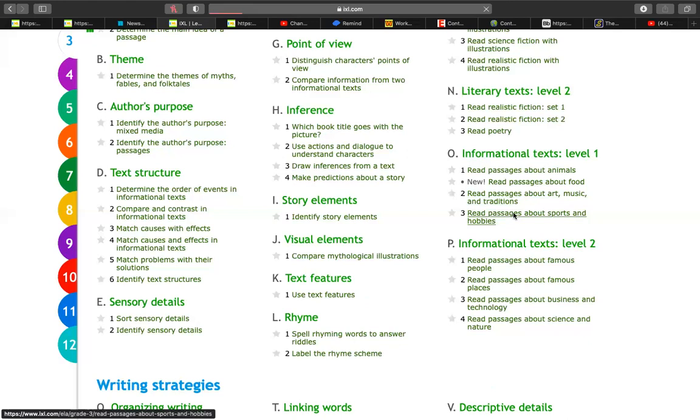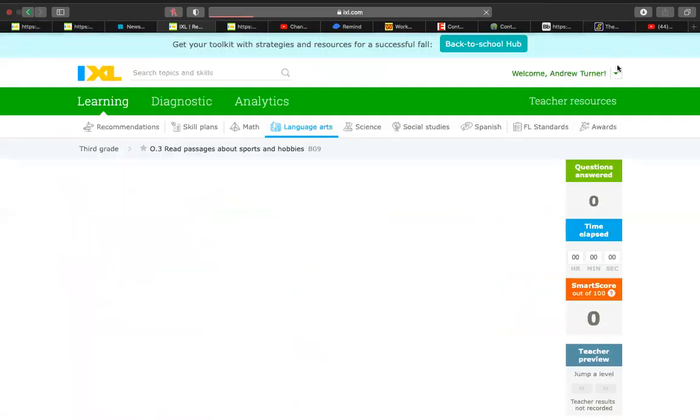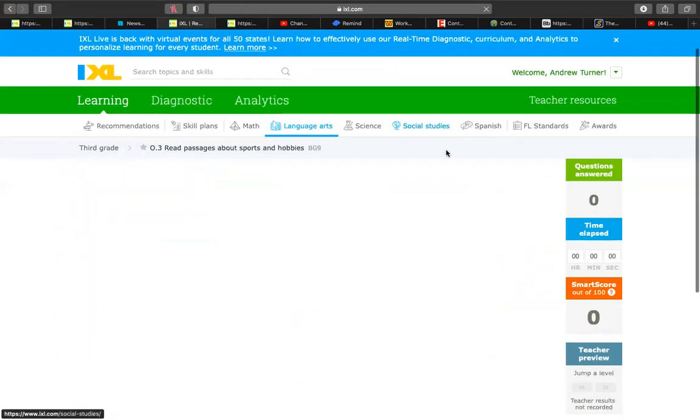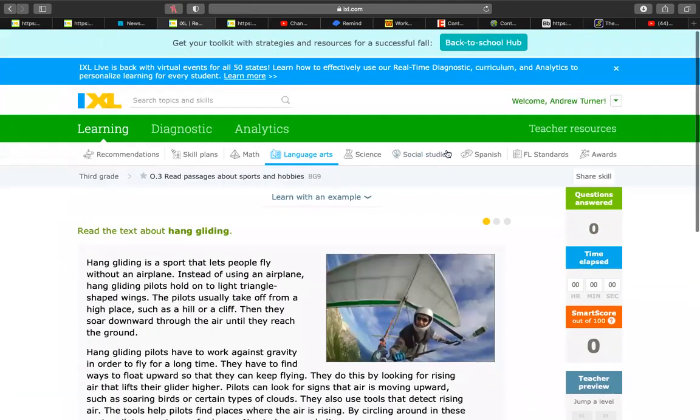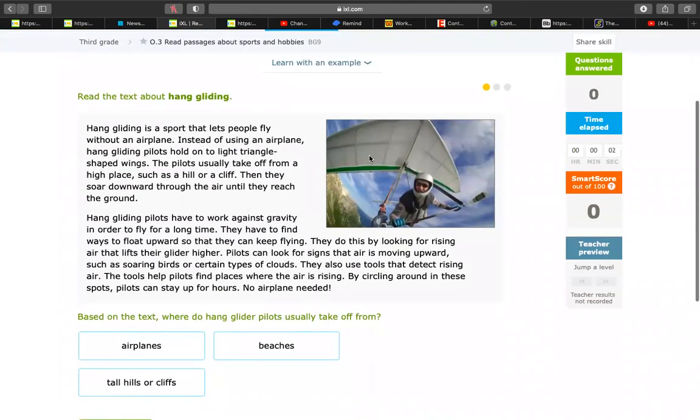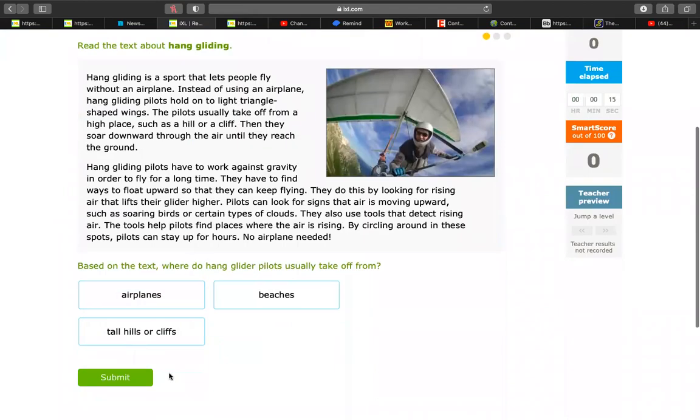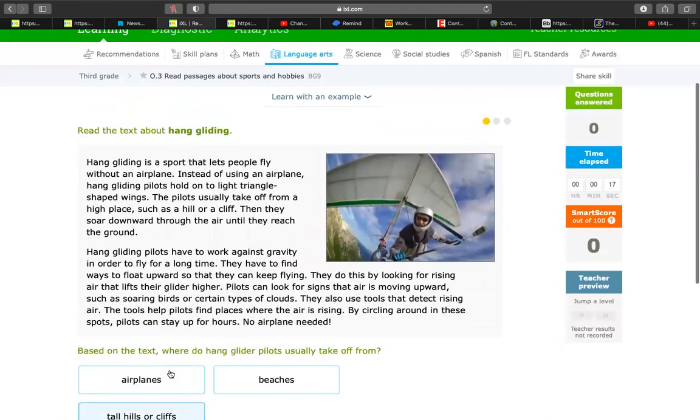So let's look at that real quick, and you can help me out. All right, we are reading about hang gliding, and based on the text, where do hang glider pilots usually take off from? We have three options: airplanes, beaches, or tall hills or cliffs.